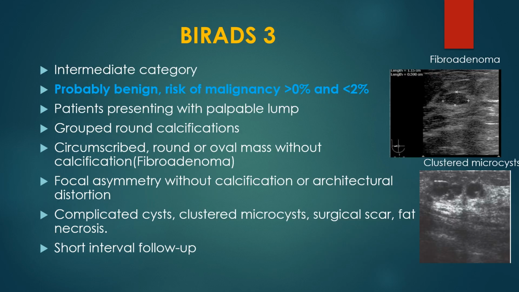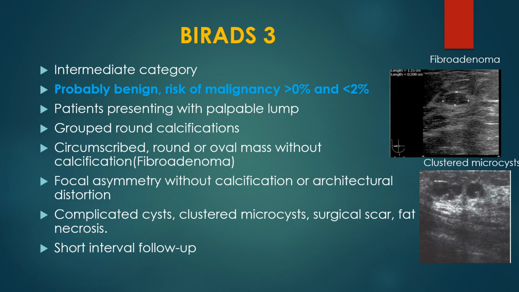Now about BI-RADS 3. It is basically an intermediate category, where the lesion being benign is more likely than a malignant lesion. So the chance of malignancy is less than 2%.